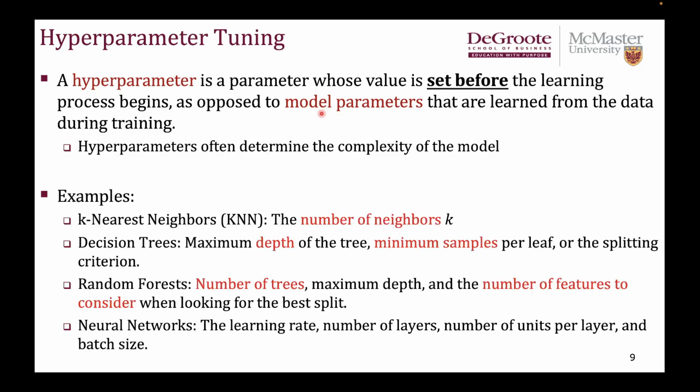Okay. Some examples of hyperparameters: for KNN, number of neighbors is a hyperparameter. Decision tree, random forest, how many trees, depth of a tree, minimum data points in every node for splitting, minimum data points in the leaf node, right? Those are hyperparameters. You have to specify those before you can run the model.